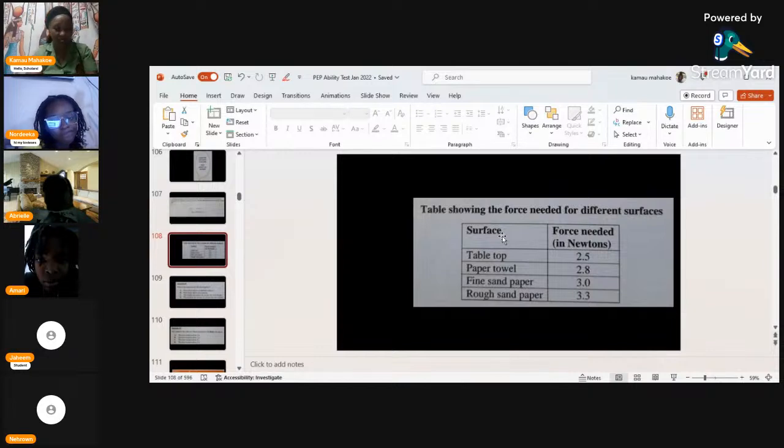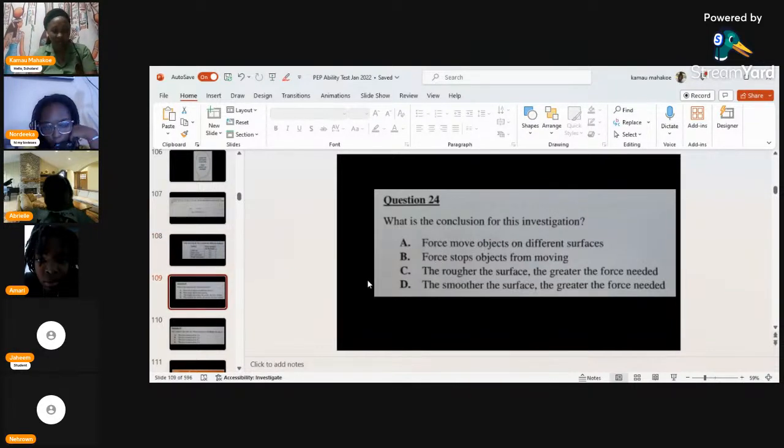What conclusion can we draw? For A, force moves objects on different surfaces. Yes, that is demonstrated, but I think more specifically, we found something out based on the actual size of the force, the magnitude of the force that is needed.